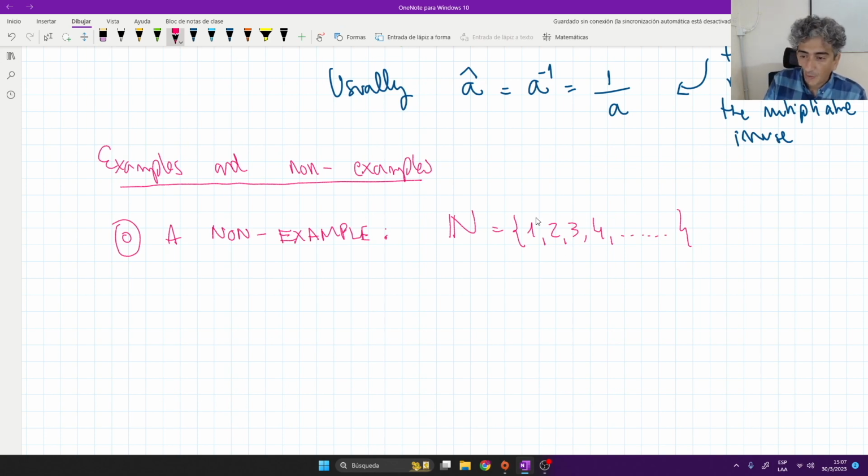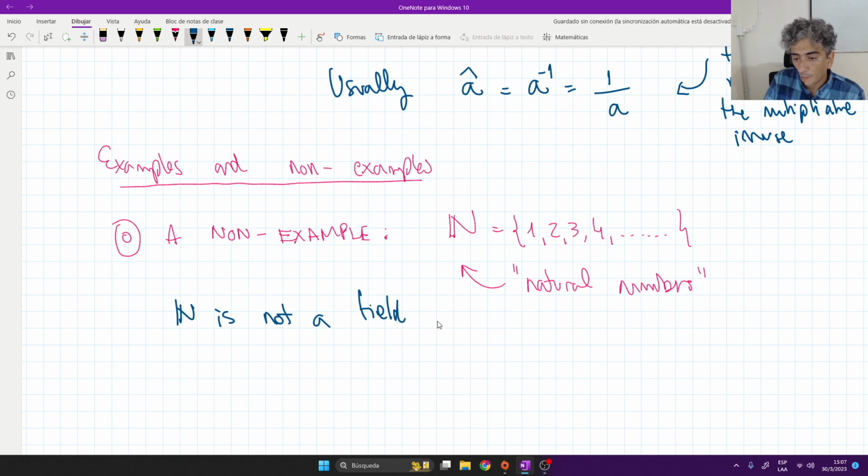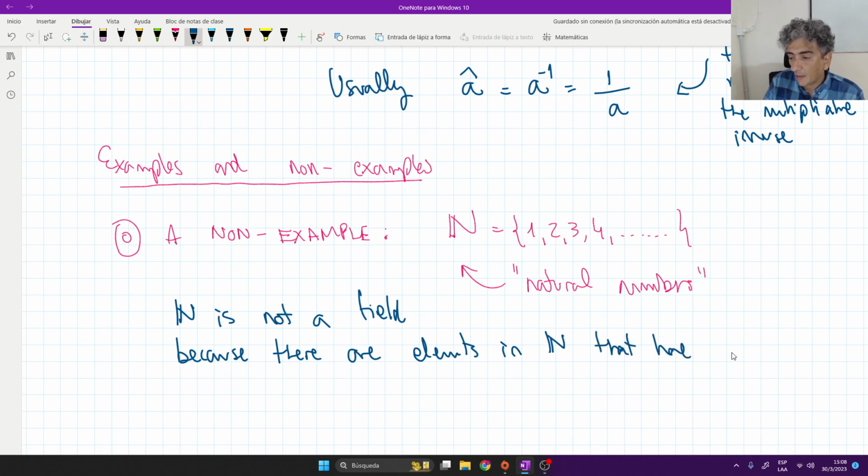So why is it that N, the natural numbers, is not a field? Well, for a number of reasons, but we can say that N is not a field because there are elements in N that have no additive inverse.